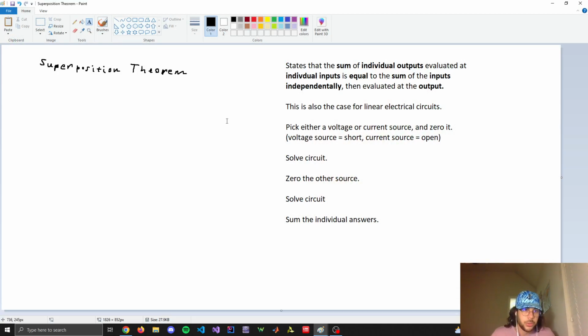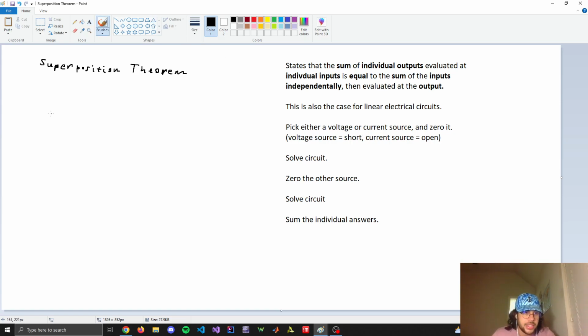Another powerful tool would be the superposition theorem, which basically states that the sum, I know this is going to sound really confusing, but I'll explain it. It's the sum of the individual outputs evaluated at its inputs individually is also equal to the sum of the inputs by itself, and then you evaluate it at the output.